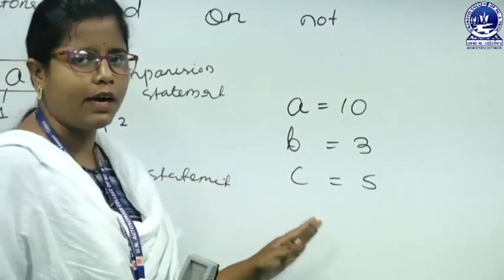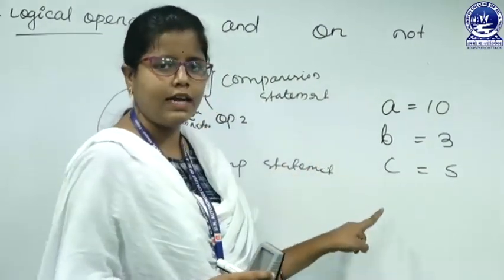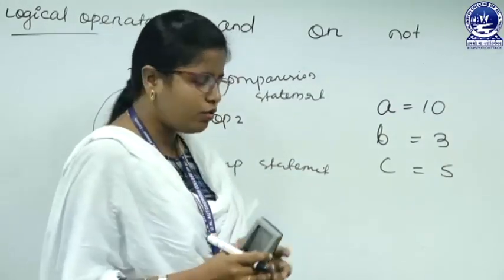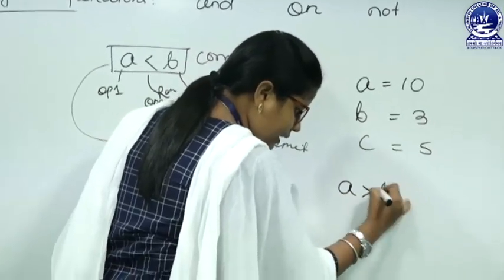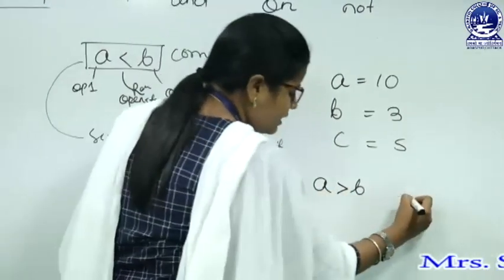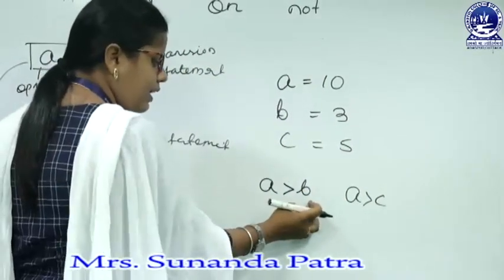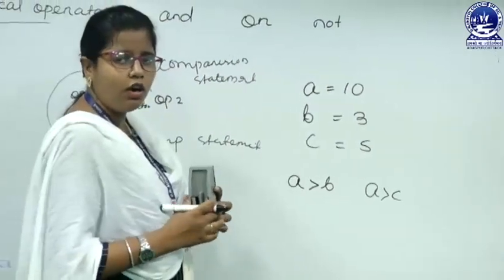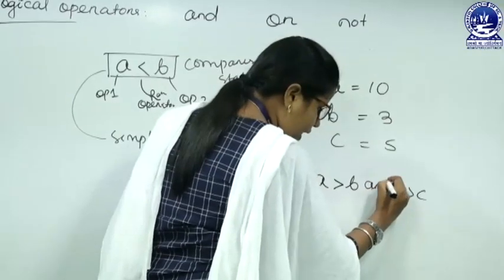Here we have to find the greatest value among A, B and C. So, we can compare: is A greater than B, then is A greater than C. If A is greater than B and A is greater than C, then we can call A the greatest number. So, here we have to use the AND operator.